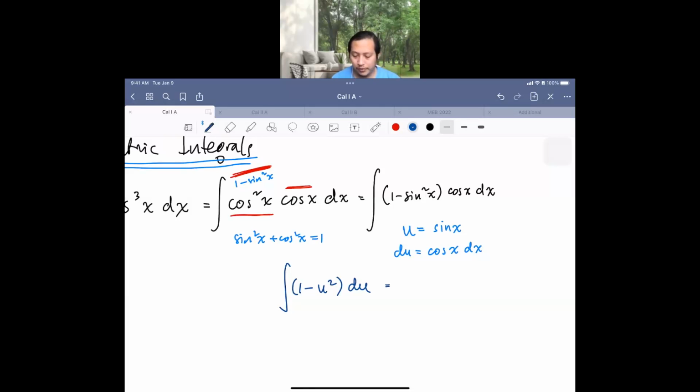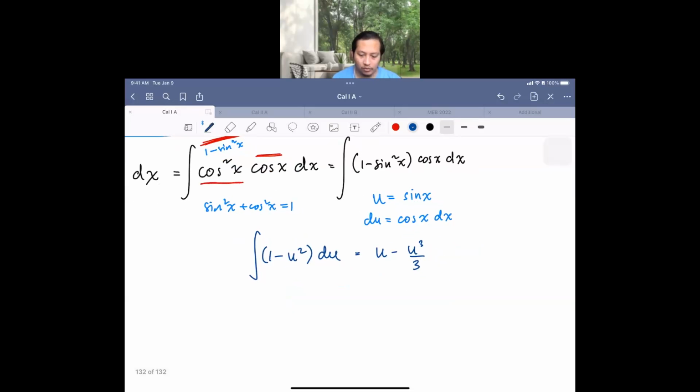And then this will perfectly become u minus u cubed over 3, or in our case, sine x minus sine cube x divided by 3 plus c. So this will be the integral of cos cube x dx.